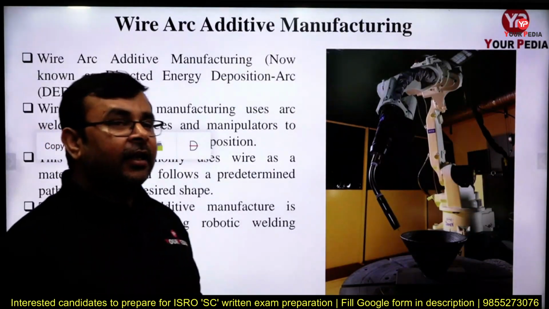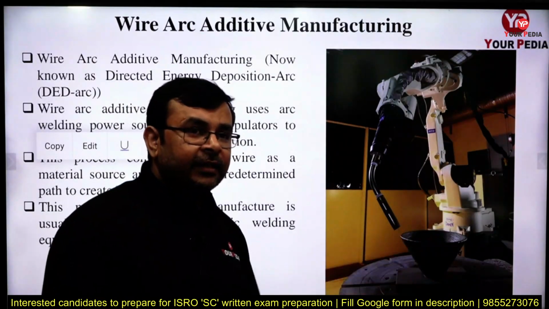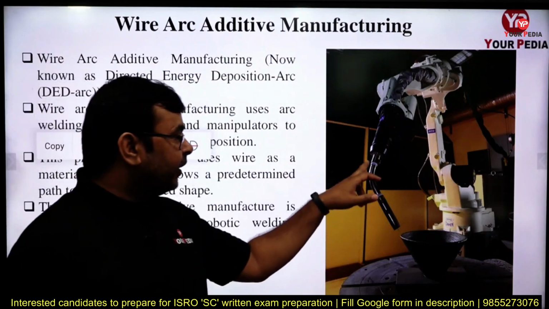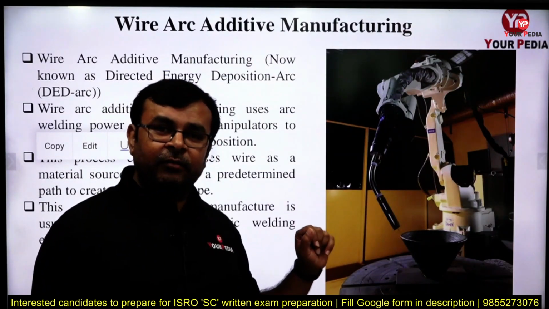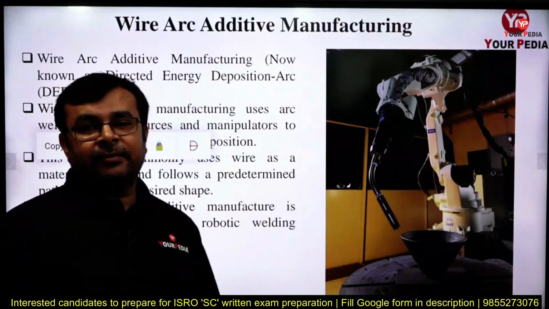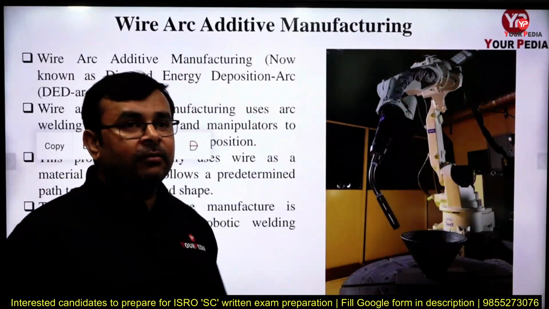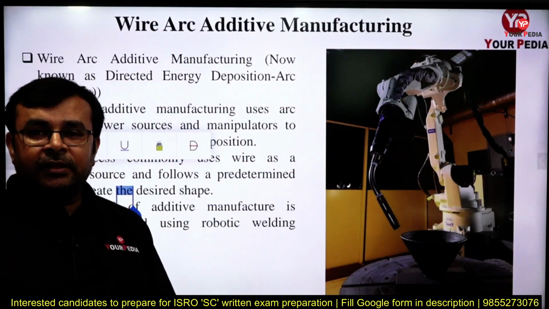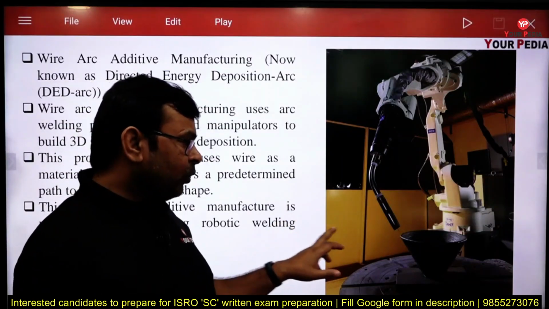You can see here this is a welding robot, and in this we use a welding torch, especially a MIG welding process, in which continuous deposition takes place. And for 3D motion we use welding robots which have either 4 or 5 axes.